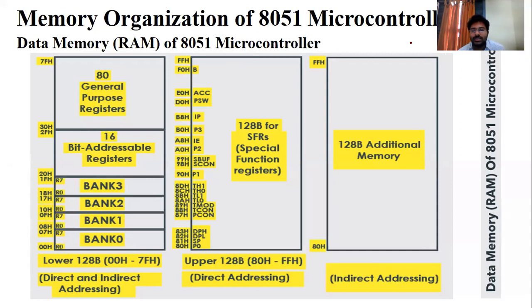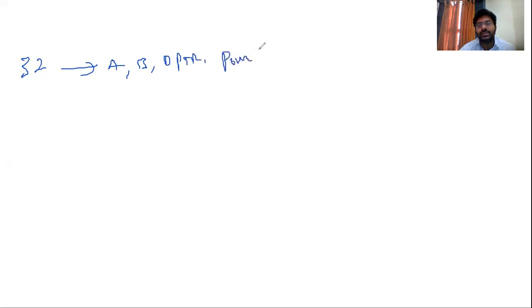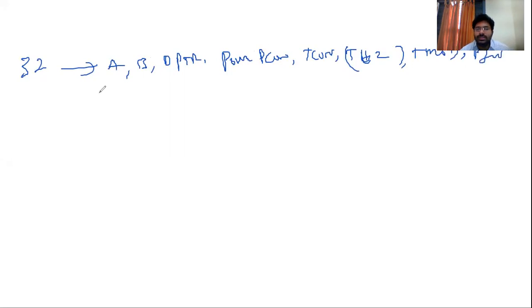You have 32 registers, which are the accumulator, B register, DPTR register, then power control register PCON, TCON registers, then TH and TL, where T means timer control registers, timer mode registers, then PSW register.